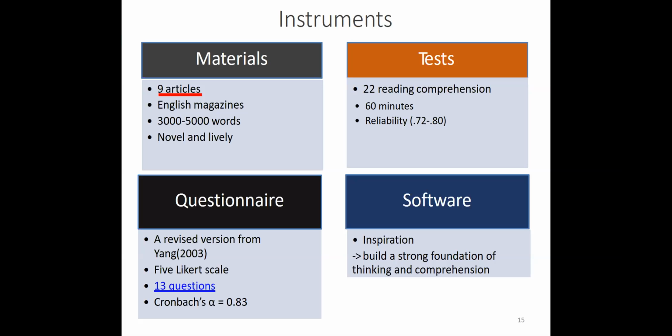The agreement levels are never, seldom, sometimes, often, and always. The higher the score is, the greater the agreement with the statement. The participant will have to complete the questionnaire in about 20 minutes.